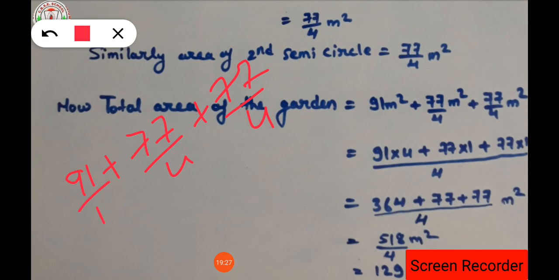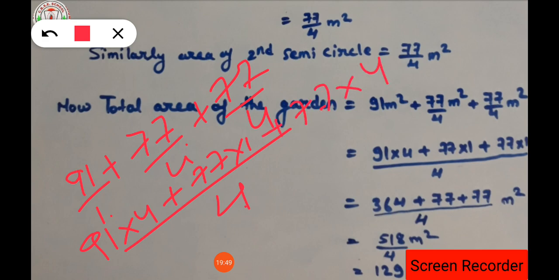Now the denominator of 91 is 1. We have to add all the numbers taking the LCM. So 91, 4 comes in the table of 1 how many times? 4 times itself. So 91 into 4 plus 77 into 1, because 4 comes in the table of 4 one time, that's why. Okay, so here it will be solved.